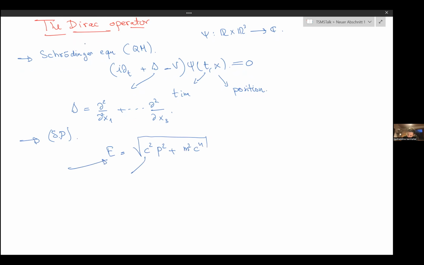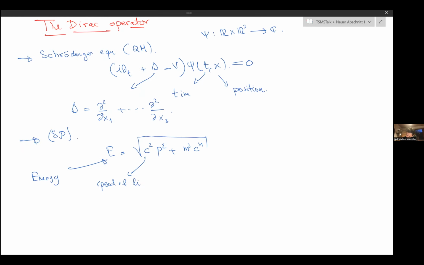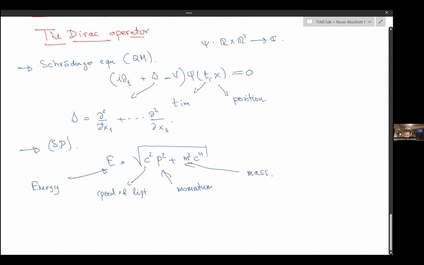E is the energy, c here is the speed of light, and p here is the momentum. m is the mass of the particle. So here you have quantum mechanics versus special relativity.